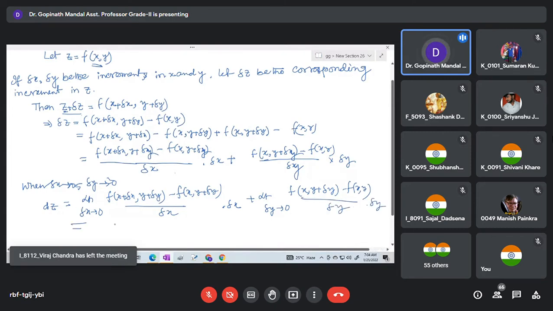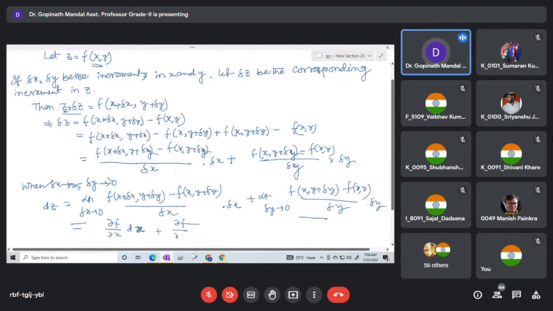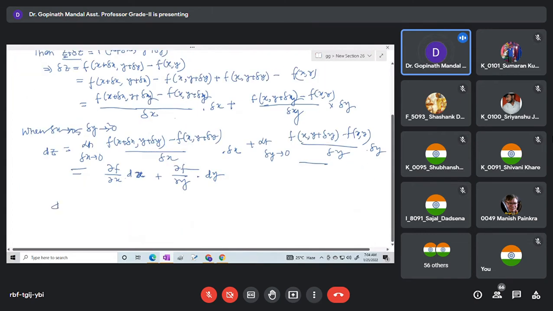Now this is del f by del x, and since delta x tends to 0, this is dx, and this part is del f by del y, and since delta y tends to 0, delta y is dy. So what we get: dz equals del f by del x dx plus del f by del y dy.